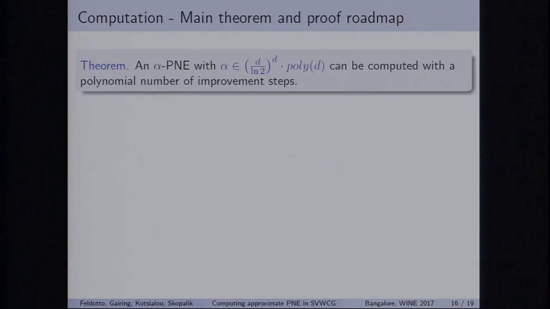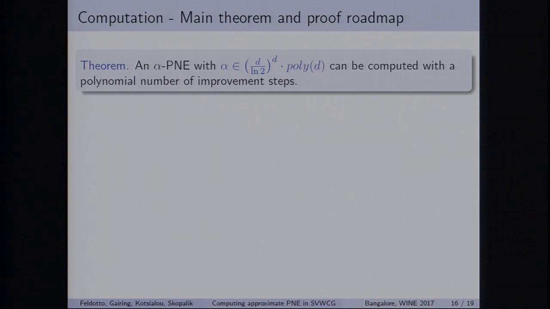So regarding the computation of the algorithm, we show this theorem which states that an alpha approximate equilibrium in this order can be computed within a polynomial number of improvement steps. To prove that, we show a series of technical lemmas.